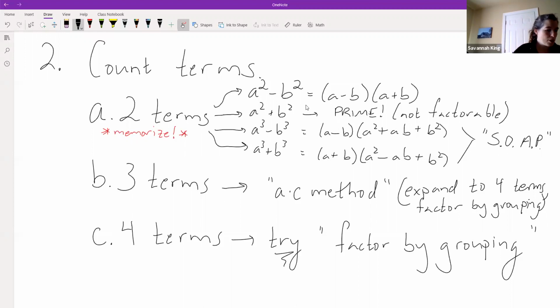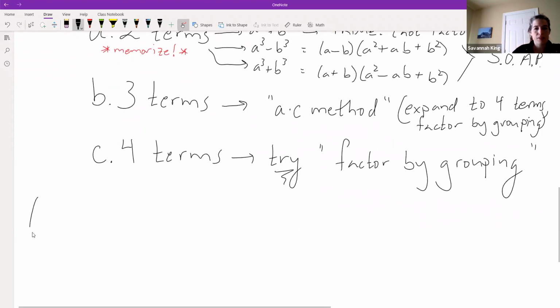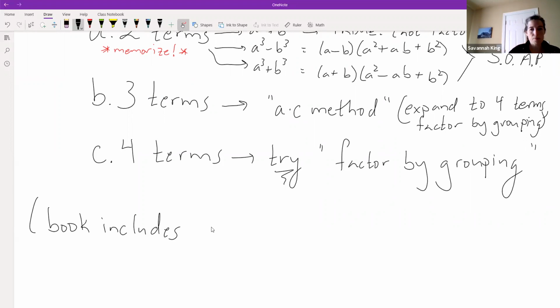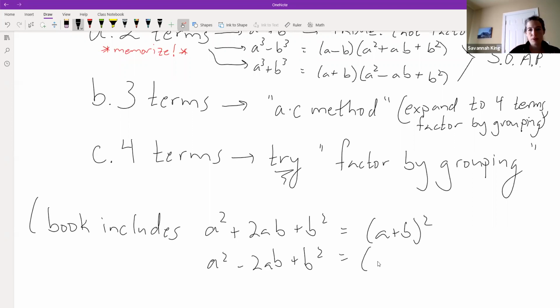So the book, I'll add this to my notes. The book includes more detail because they wanted you to memorize more formulas than I did. The book really wanted you to recognize things that fit this format or that fit this format. I believe I threw a little bit of that into the recording last week.